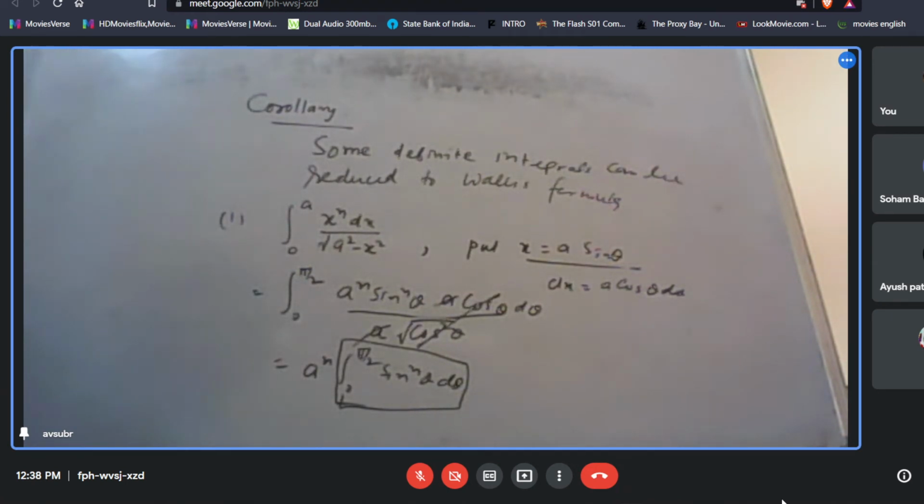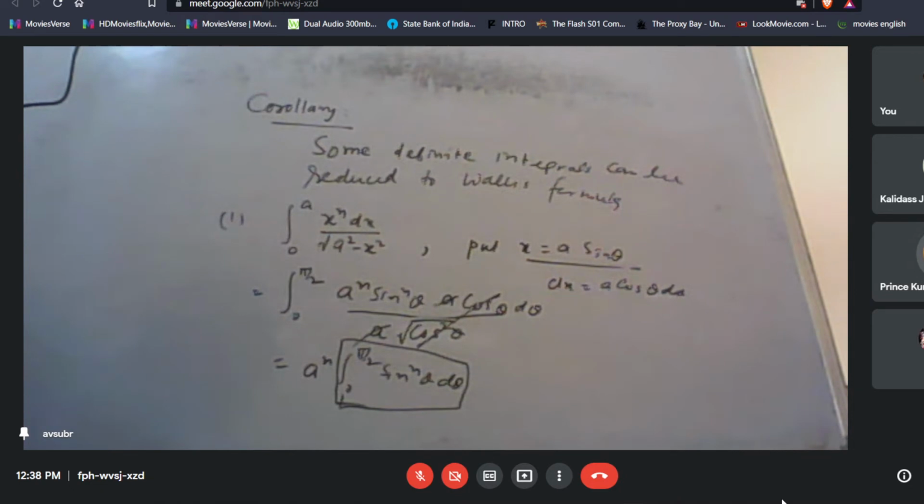Okay? So if n is equal to say 3, you can use Wallis formula. What the answer should be? Two by three.